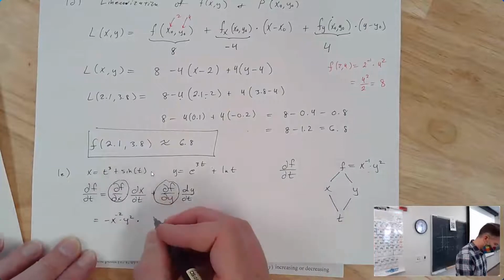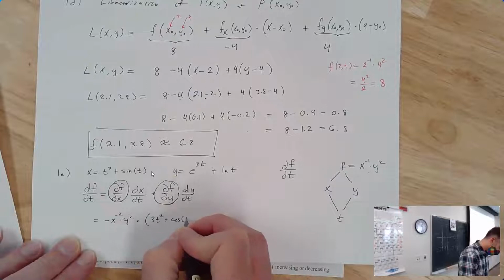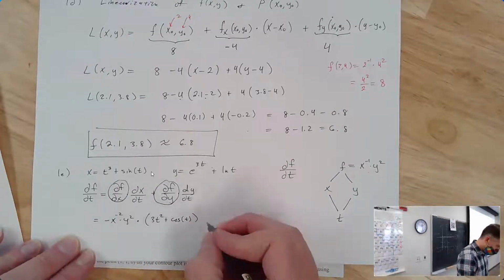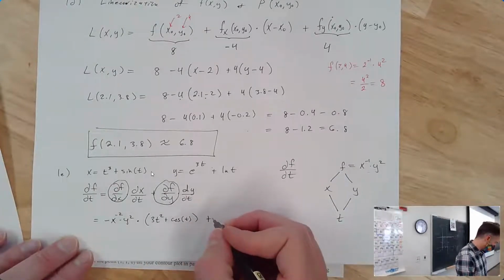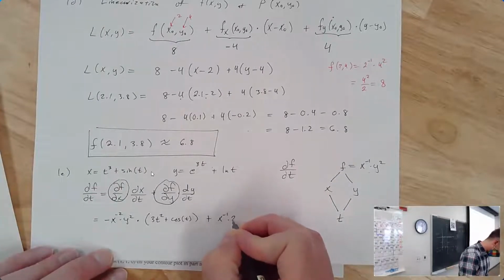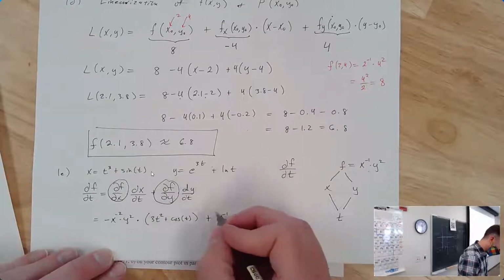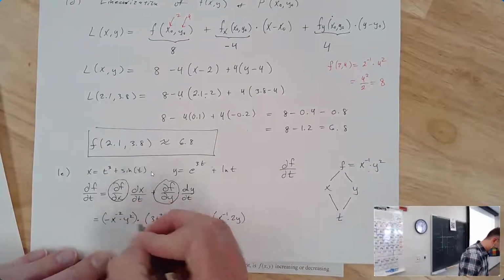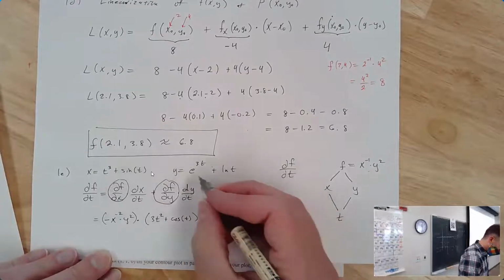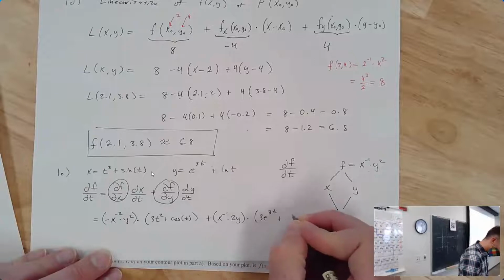So dx dt is going to be 3t squared plus cosine of t. And then del f del y is going to be x to the negative first times 2y. And then dy dt is going to be e to the 3t times 3 plus 1 over t.